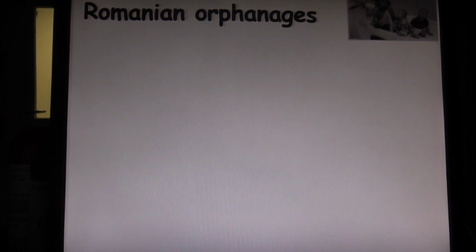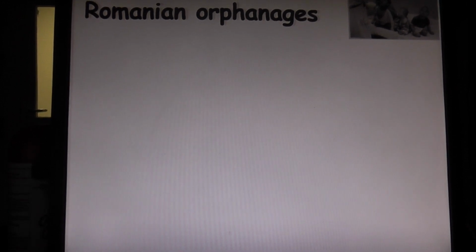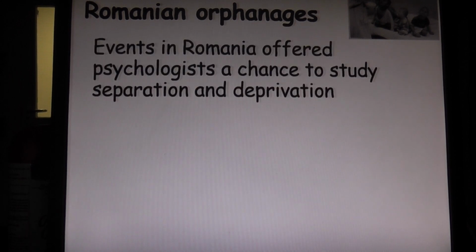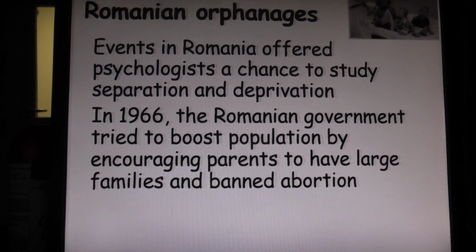So, for this topic, we're going to be using the examples of Romanian orphanages. They are named on the specification, and therefore we need to cover this area. The events in Romania offered psychologists a chance to study separation and deprivation. In 1966, the Romanian government tried to boost population by encouraging parents to have large families and banned all abortions.